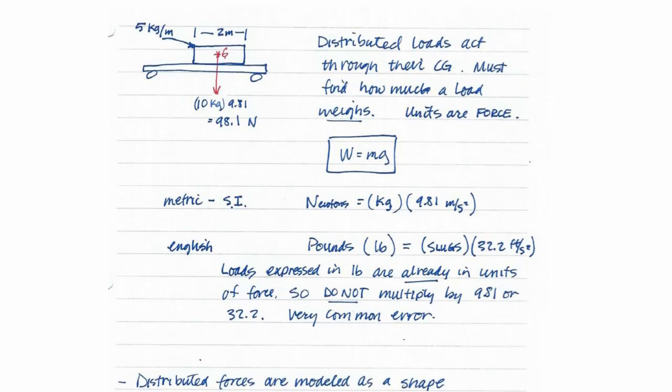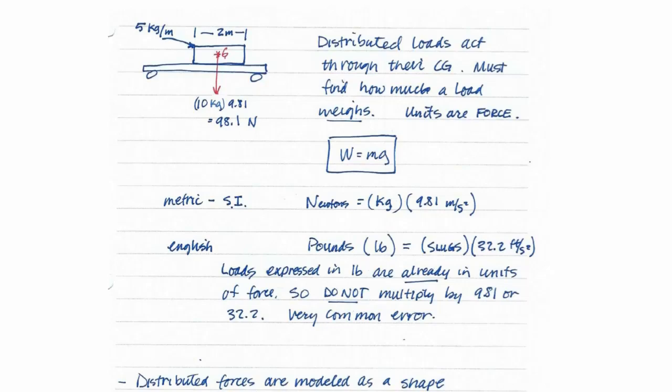So distributed loads act through their centers of gravity, and so we need to find out how much the load weighs. The weight is going to be the mass times gravity, and this is something that perhaps we've done a little bit in this class, not so much, but we're going to really start using the weight versus the mass as we're going forward.